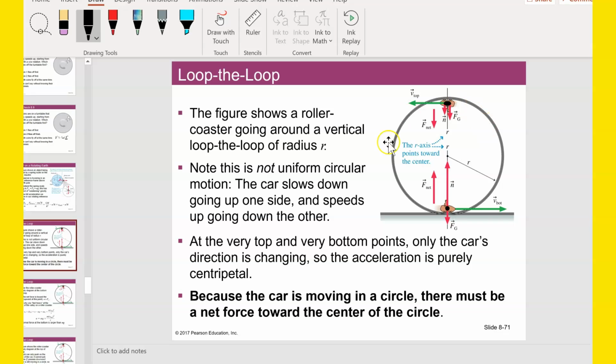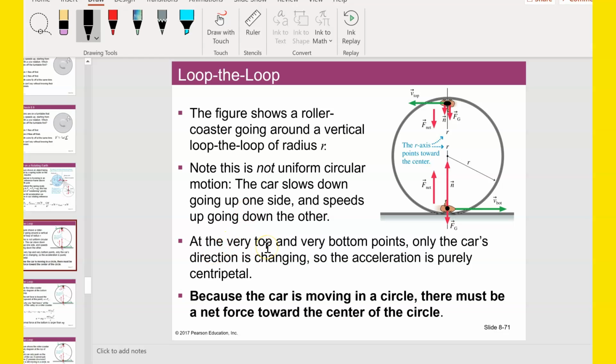All right, loop-the-loop, like a roller coaster here, going around the loop. The figure shows a roller coaster going around a vertical loop of radius r. Note this is not uniform circular motion. Uniform circular motion is when you're going the same speed the whole time. That's not the case on a loop-the-loop. You're going fastest down here and slowest up here, and then faster down here again.